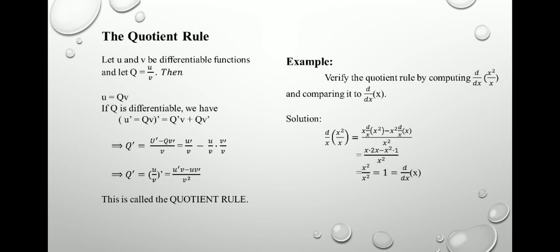Example: verify the quotient rule by computing d over dx of the quantity x squared over x and comparing it to d over dx of x.